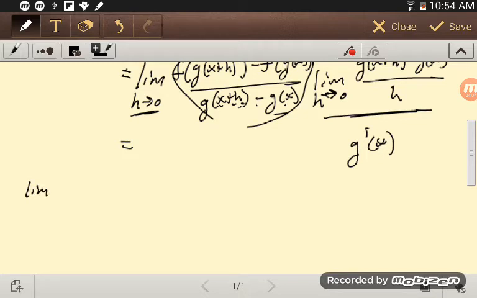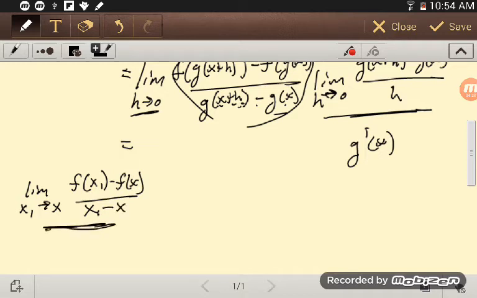If we look at the limit as, say, x1 goes to x of f of x1 minus f of x over x1 minus x, that's an alternative form of our definition of derivative, and that's exactly what's happening up here.